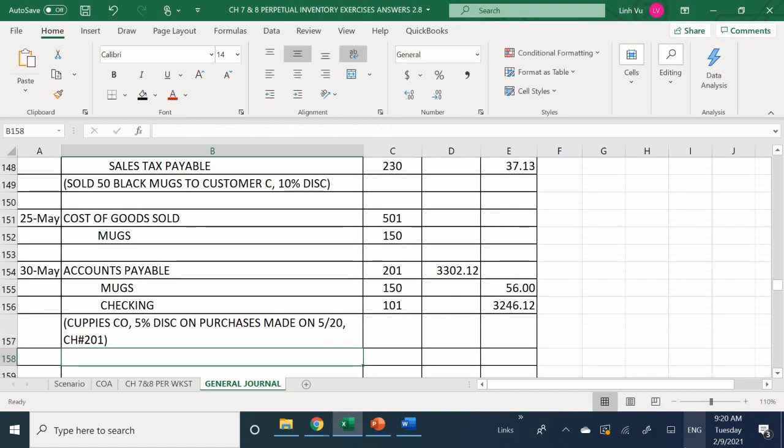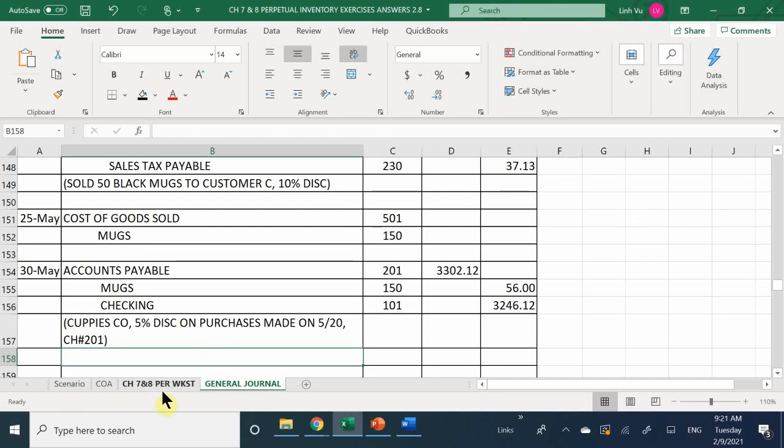Okay? So now that we have this, I still also have to update my inventory because the purchase that I made on May 20th, I didn't pay the full 1200. How much did I actually pay? Whatever 1200 minus 56 was.